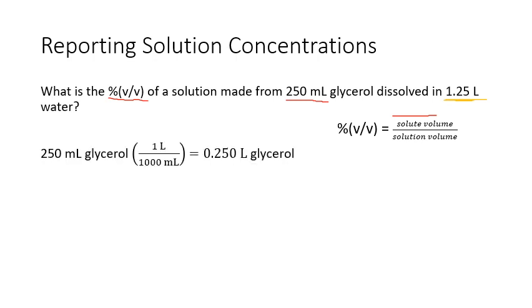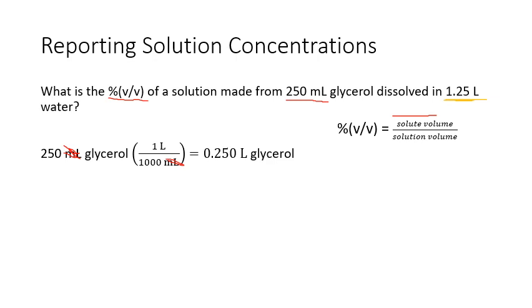So we're going to convert glycerol from milliliters to liters. We know that 1 liter contains 1,000 milliliters. So our milliliter here and our milliliter down here cancel out with each other, and we're only left with units of liters. So we've turned 250 milliliters of glycerol into 0.250 liters of glycerol. It's the same volume, just reported with a different unit.